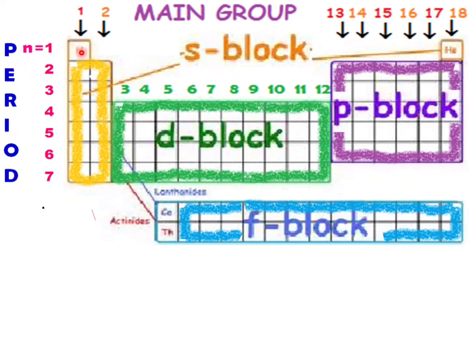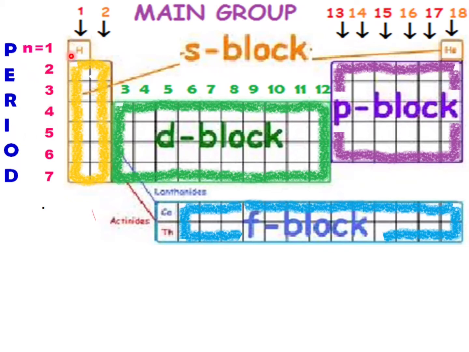So hydrogen dekat sini, proton number dia 1. And then proton number yang kedua adalah helium. And then diikuti oleh kat sini nanti ada lithium and so on. So all elements are arranged according to their proton number.